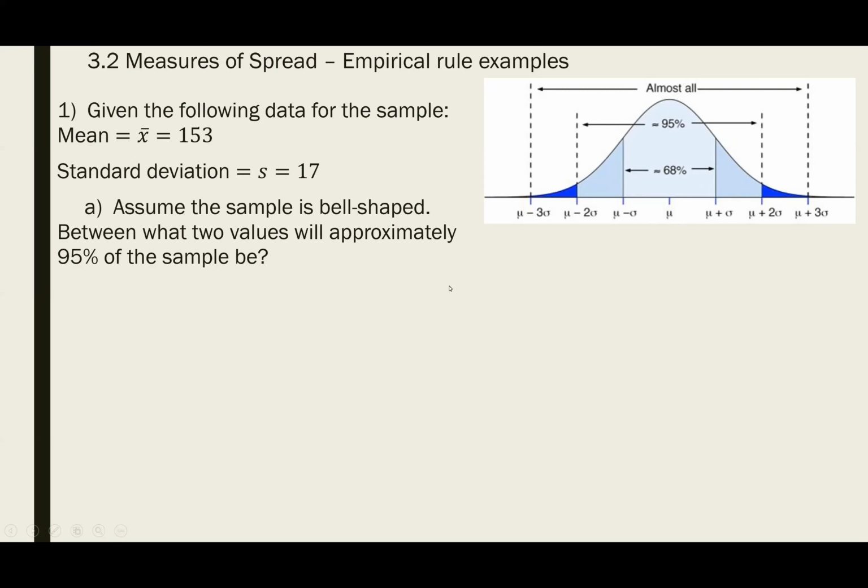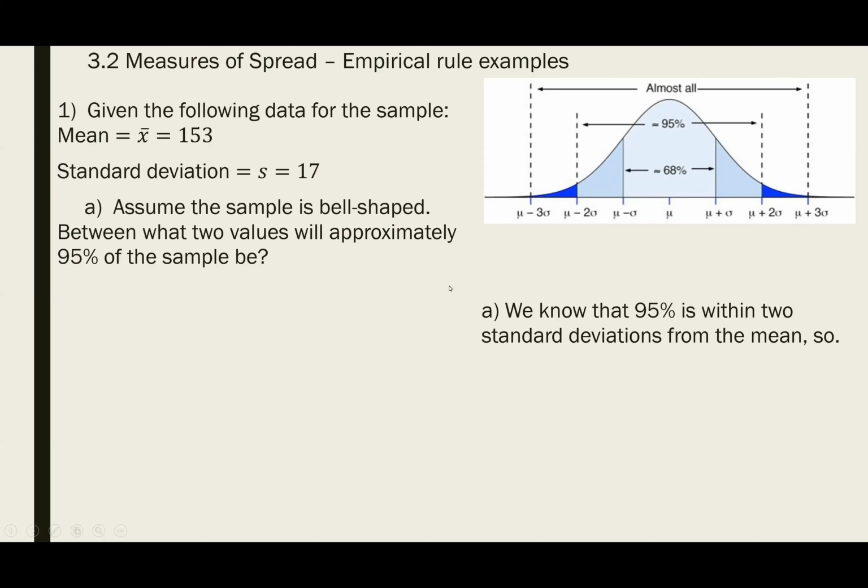Agree? So within 2 standard deviations, instead of adding 17 and another 17, all I need to do is take 2 and multiply it by my actual standard deviation to give me 34. Everybody see that?